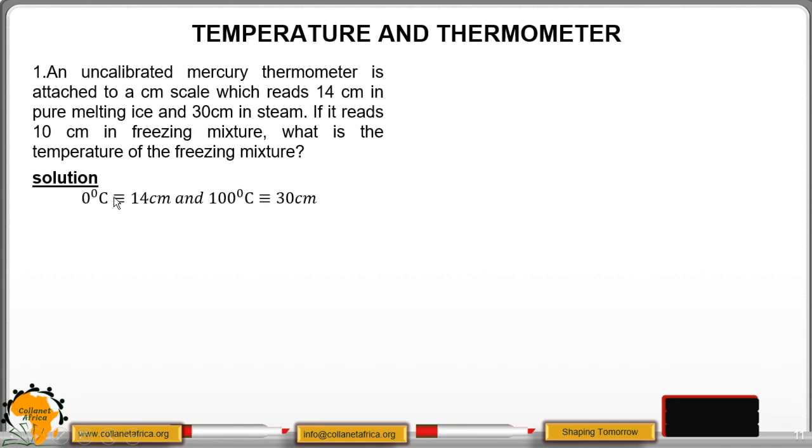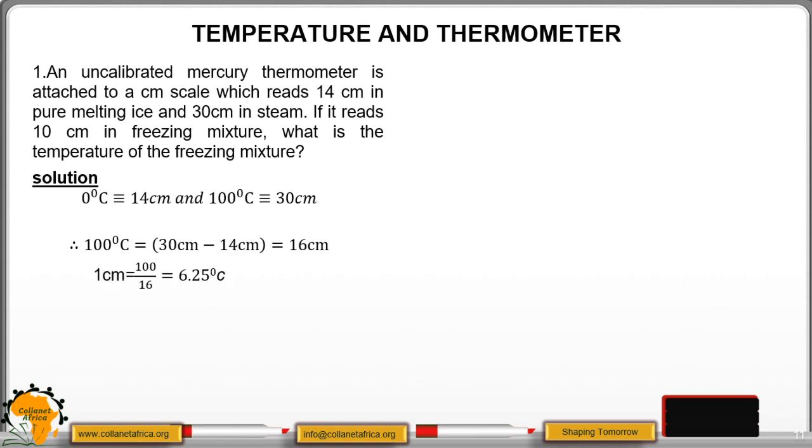At 0 degrees, this corresponds to 14 centimeters. Then 100 degrees Celsius corresponds to 30 centimeters. So we can get the difference. From 0 to 100, you have 100 degrees Celsius. Then from 30 to 14, you get 16 centimeters.